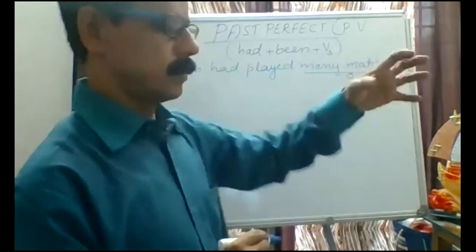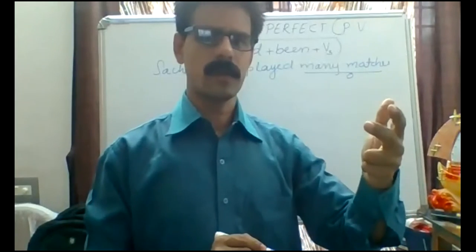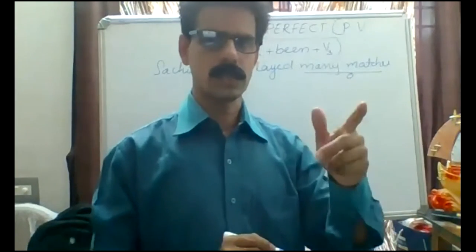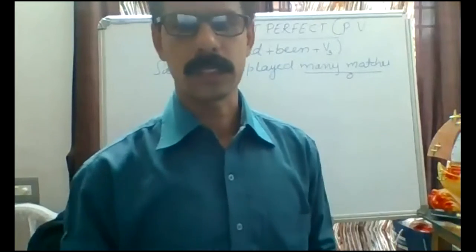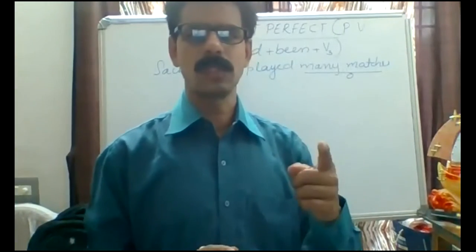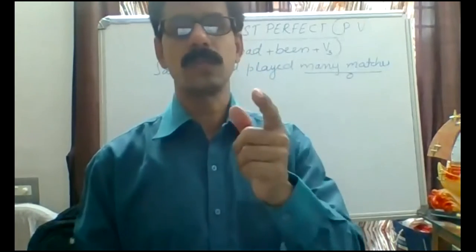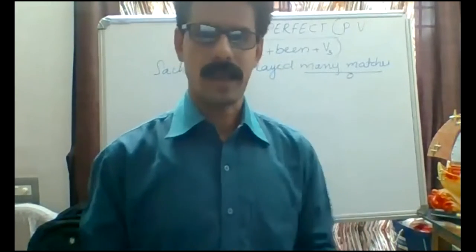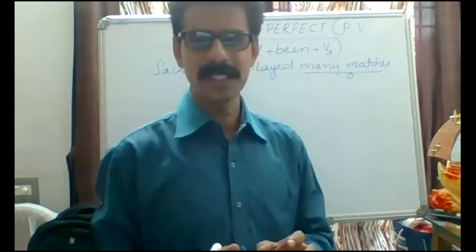So why do I always find the object in front of you? Most of the students feel it is difficult to find the object. Many students get confused and misunderstand that the object is what comes at the end of the sentence. It's wrong. That is not the object.